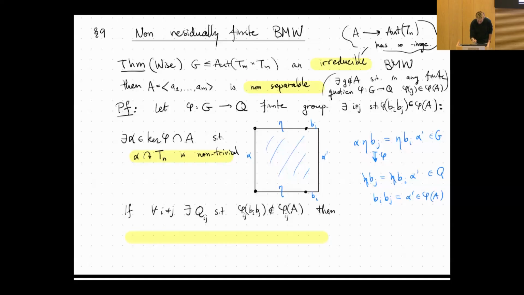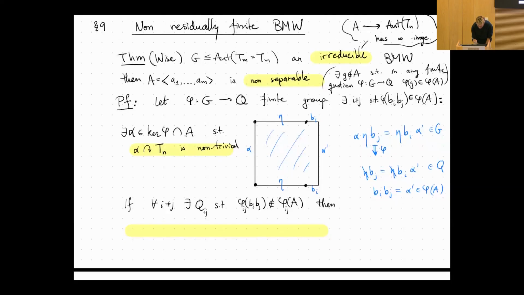So really what we can do is, if we assume that for every alpha and j, I can find a quotient in which it's not in the image, then I can just build a new map that takes G into the product of all of those Qij's and does phi ij on each thing. And this is some finite quotient. And there I know that one of the ij's is sent to the image of A, which is, of course, a contradiction. Okay.